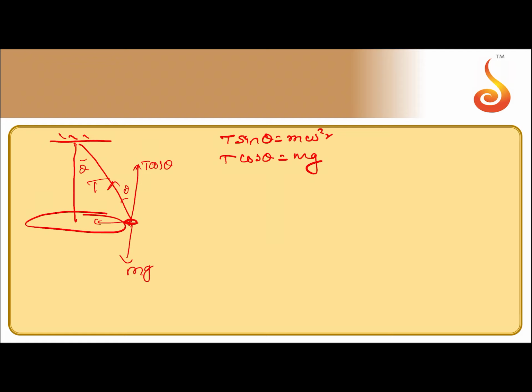That's right. Now, we have T equal to mg divided by cos theta. You already know the value of mg and theta is given. So now the elongation is equal to FL divided by AY. The question is about the increase in the length of the wire, which means elongation, FL divided by AY. The force is nothing but the tension which is elongating it, so TL divided by AY.